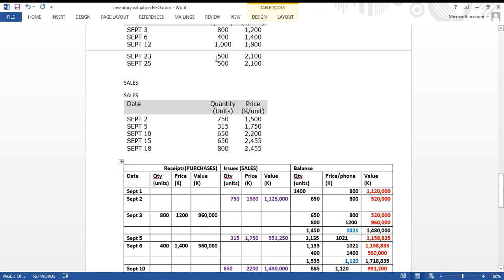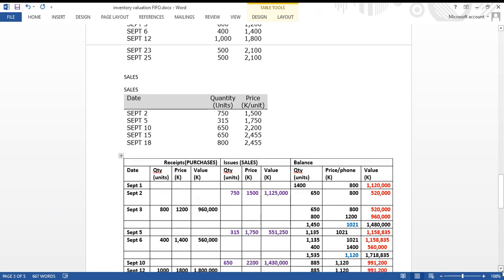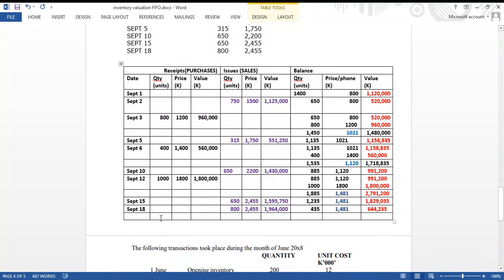September 23rd, we made a purchase of 500 units at 2,100. Excuse me, sir. Yes. I'm a little bit behind. Does it mean when you purchase, let's say the value of 9,000, it will affect the balance?